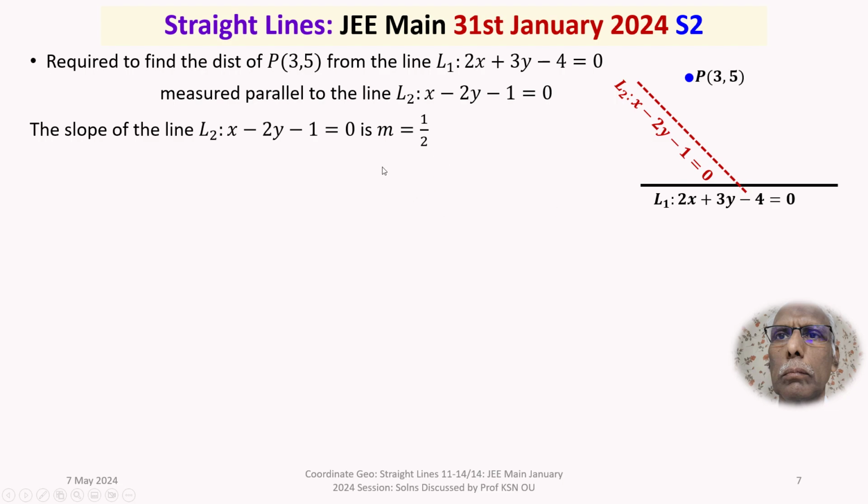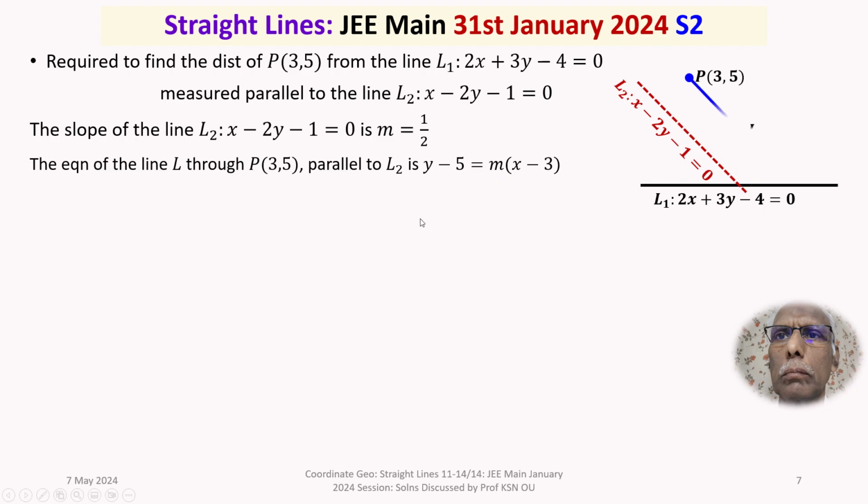For that, we must know the slope. So the equation of the line L through P (3, 5) parallel to L2 is given by y - 5 = m(x - 3). Parallel lines will have the same slopes. Therefore, we substitute m = 1 by 2, and this is the line L.